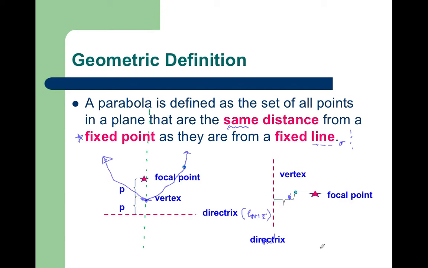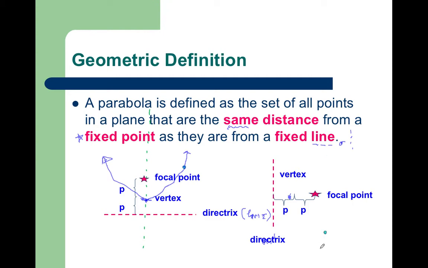That's the vertex. There is the distance P, which is the shortest distance from any point on the parabola to the directrix, and the shortest distance from any point on the parabola to the focal point, and that shortest distance is always going to be called P and is always going to be from the vertex.